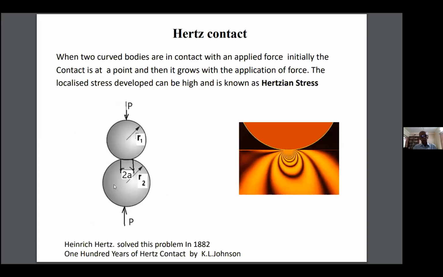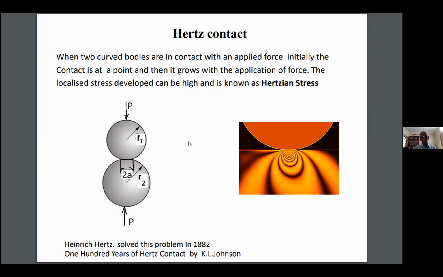Now, before we go to the modeling, it is important to understand that when two circular bodies are brought in contact with a load applied onto them, just as shown here, large localized stresses are developed.